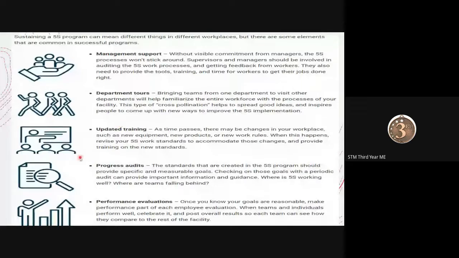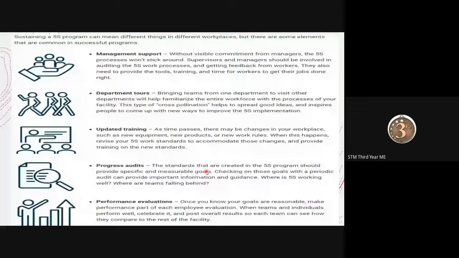Then comes progress audits. Various audits are done, so we look at what has all been done. The standards that are created in the 5S program should provide specific and measurable goals. We are doing this because we have to produce certain products, maybe 100 products per day. From each workstation, we have to get about 20 products.